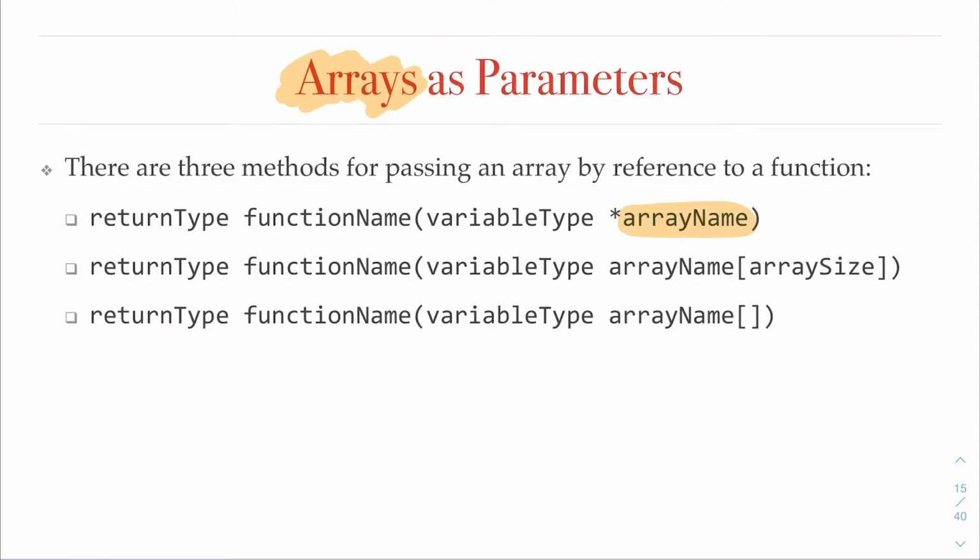There are two other ways that you may want to do. You may declare the array name here and then specify it similar to an array with the brackets here or without the size, whatever. Now all of them end up the same thing. Okay, what actually happens here is the array name is nothing more than just a pointer of the variable type.